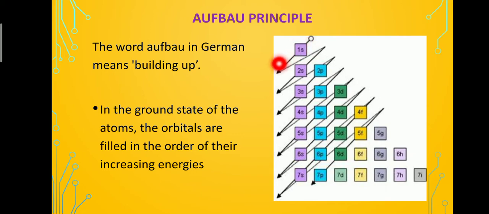After filling 1s, we go to 2s, then 2p, 3s, 3p, 4s, 3d, 4p, 5s, 4d, 5p, 6s, 4f, 5d, 6p, 7s, 5f, 6d, 7p. So likewise you have to go and fill the electrons in the orbitals.